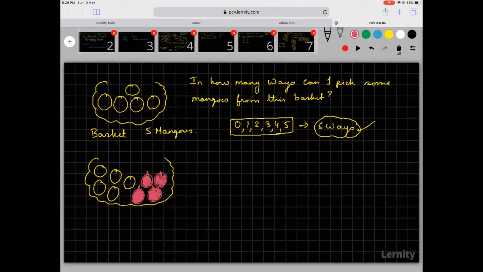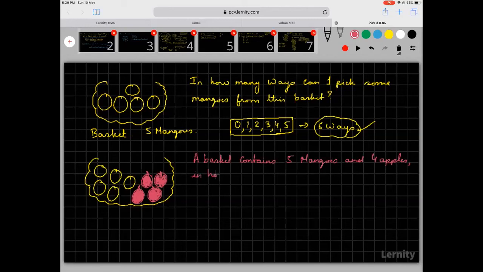I have 5 mangoes and 4 apples. So a basket contains 5 mangoes and 4 apples.